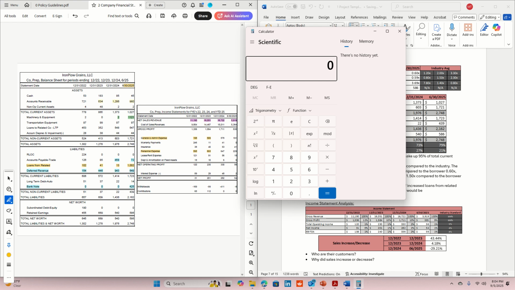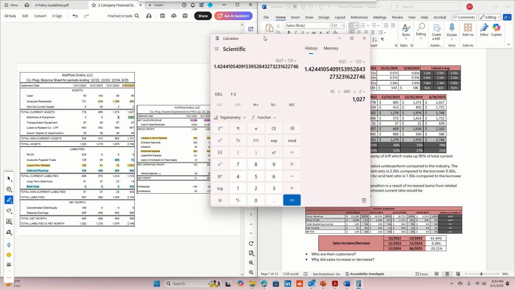We're going to do 45 plus 980 plus 2, right? 1027 divided by 721. And the way I got that, I subtracted 1,723 by 1,002, equals 1.42.